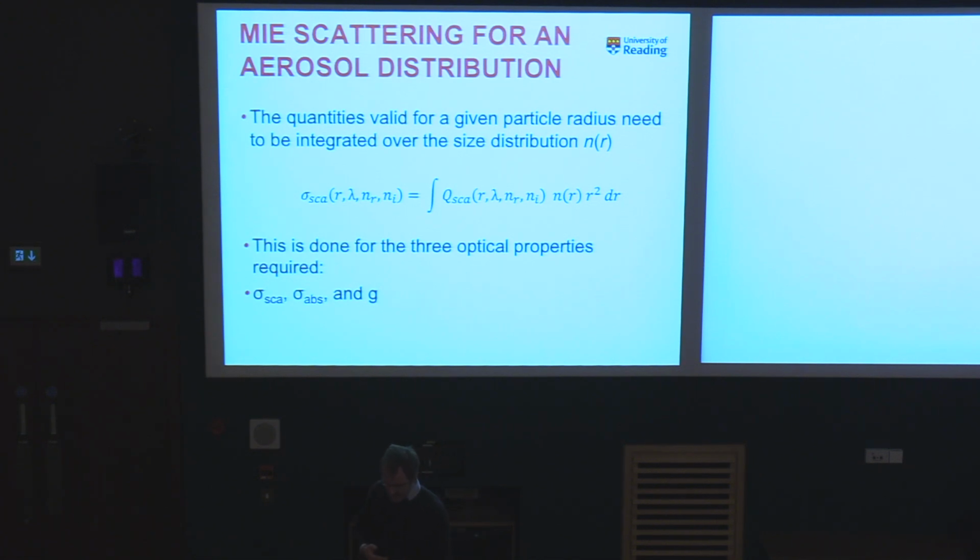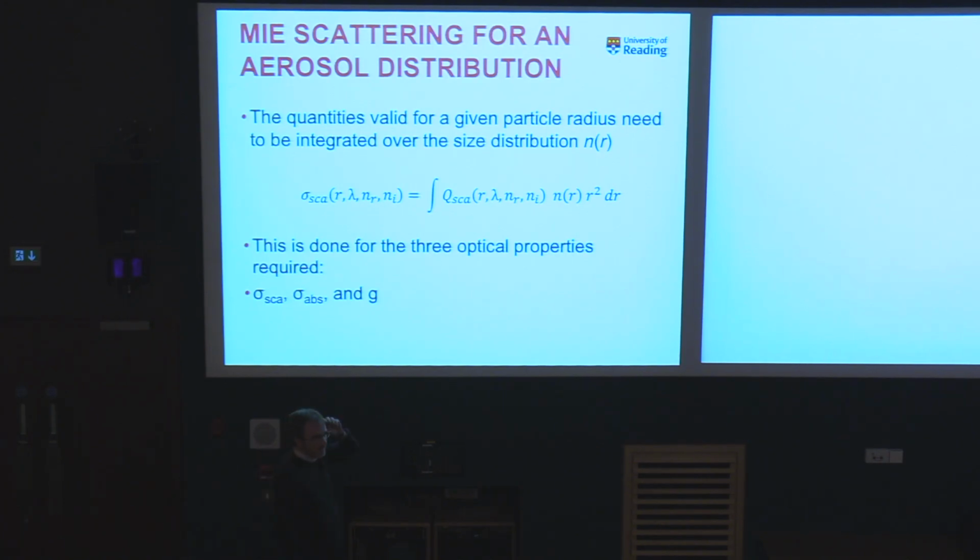So all I've said so far is valid for one single particle, but as we've seen, in the atmosphere we don't have just one particle here and there. We have a population of particles, which is described by a size distribution. That means that all the quantities that I have defined need to be integrated over the size distribution.